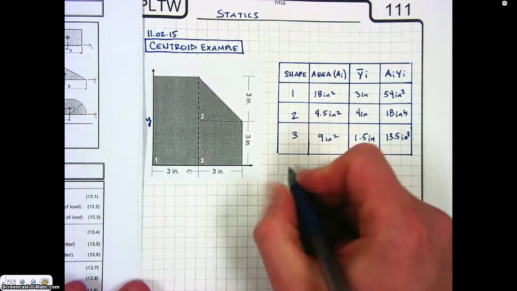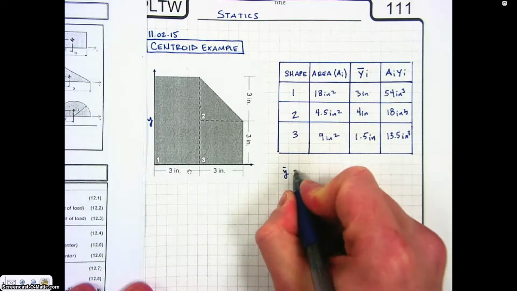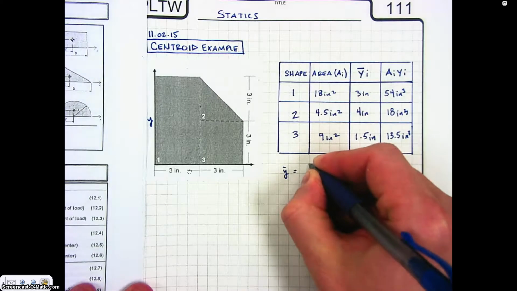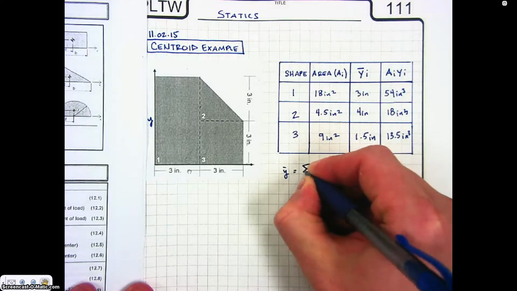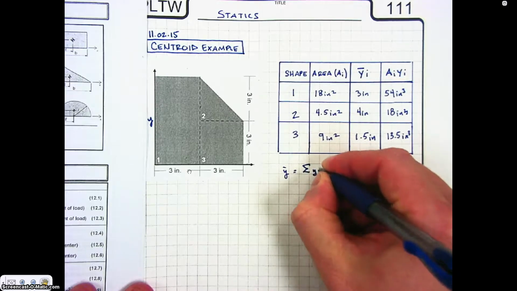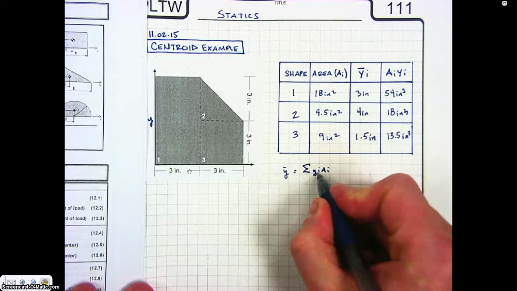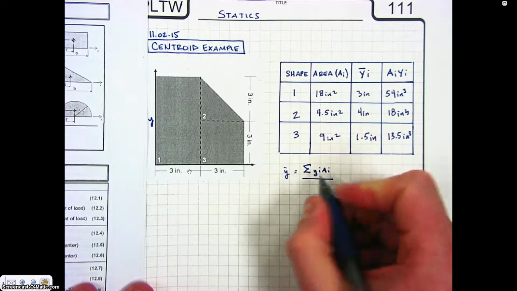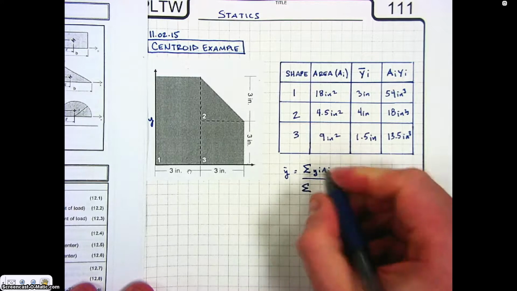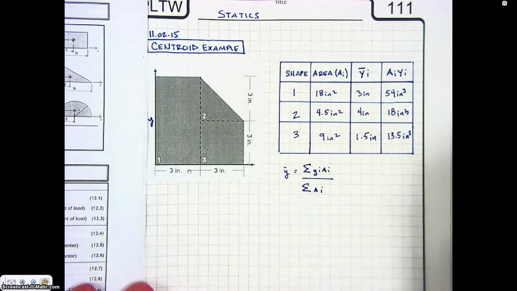And so the centroid of y, if we look straight from our formula sheet, is equal to the sum of the location times the area divided by the sum of the areas.